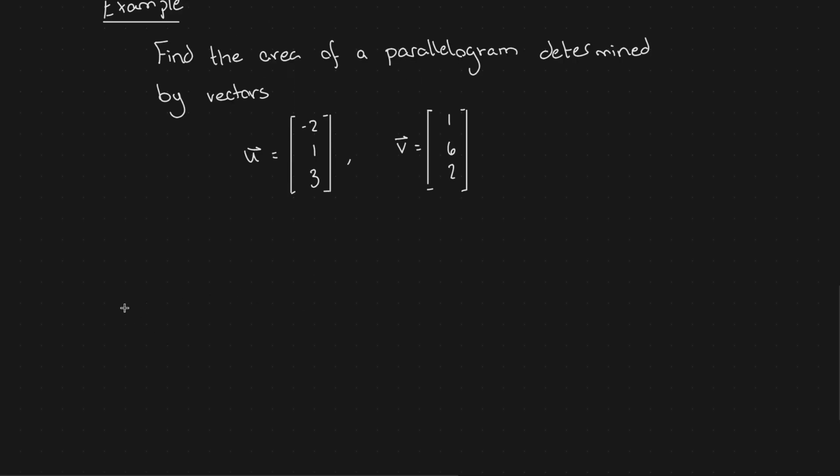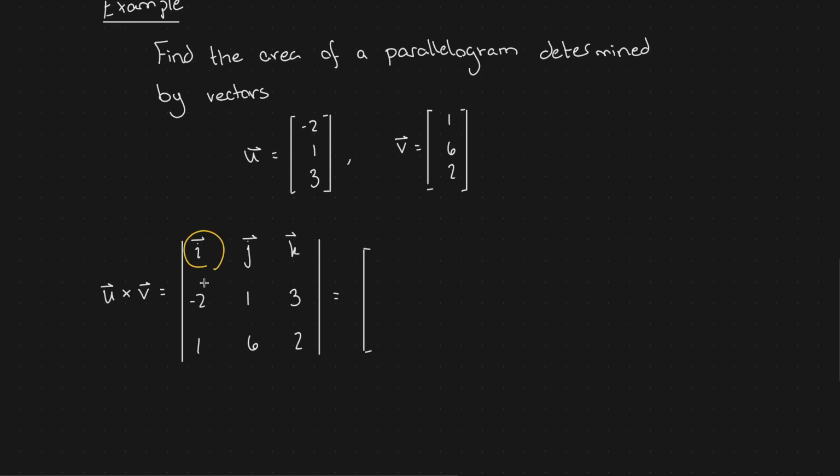So let's recall that the cross product of u and v, to find that, I think of a determinant, where the first row is i, j, k, the second row are the components of u, -2, 1, 3, and the third row are the components of v, 1, 6, 2. And so if I take the cross product, I'll do it rather quickly: for the i component, I get 2 minus 18, so that's -16.